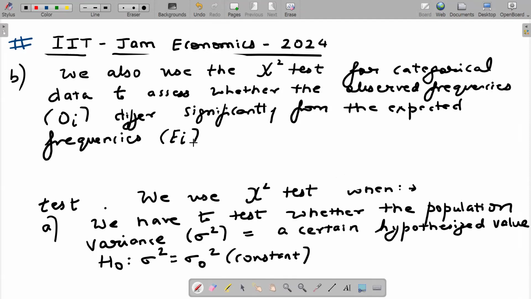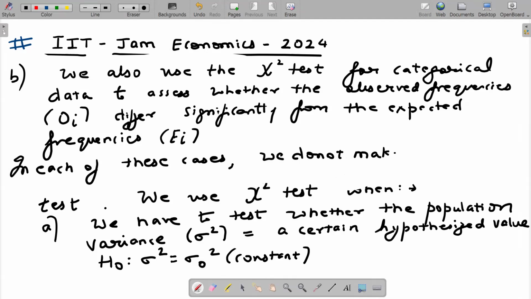And in each of these cases, we are not concerned with the underlying distribution. In each of these cases, we do not make any assumption about the underlying distribution.